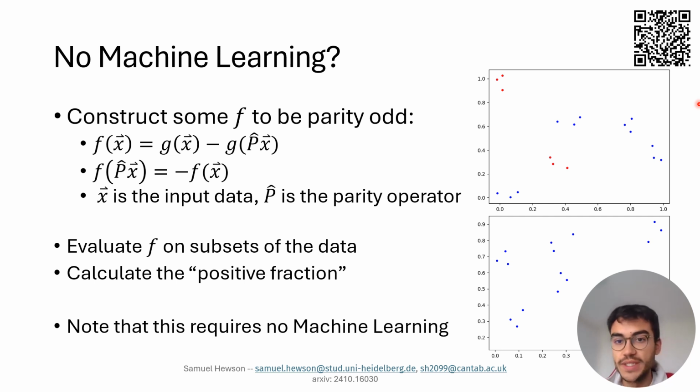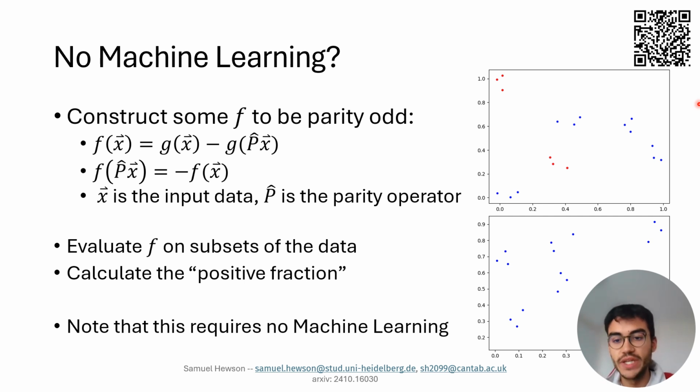By then calculating the positive fraction of these outputs, we are gauging what fraction of the data the function f is assigning to be of a given handedness. So in this case, 50% would mean equal left and right handedness, and therefore no parity violation.